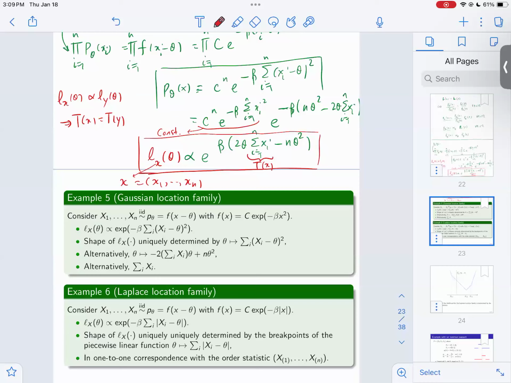So first you see that it is up to multiplicative factors like that. Then we look at the log, which means let's take the log. When you take the log, the log likelihood has to be determined up to additive constants. And so the shape is completely determined by this part. We can expand it, and this part is the quadratic, completely determined by this.